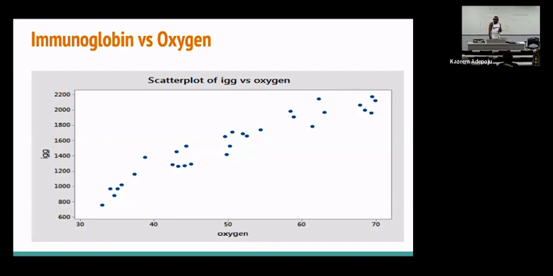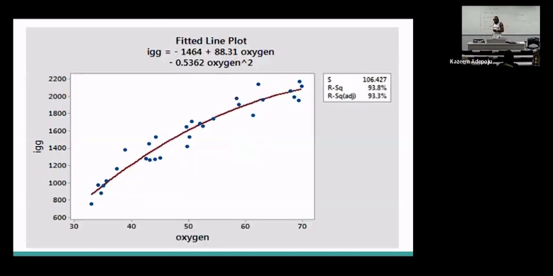No way, right? That is looking like a curve. Now you need to fit a polynomial. You see that we fitted the polynomial. That's exactly what we got. That is the model when you fit the polynomial.